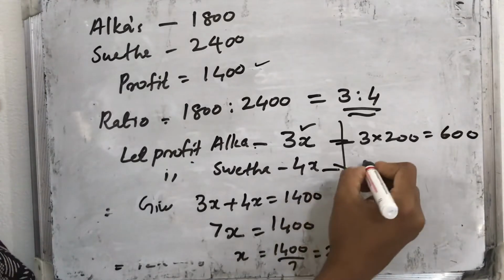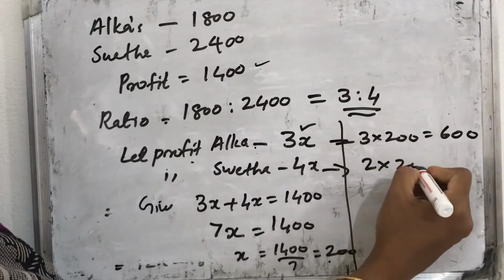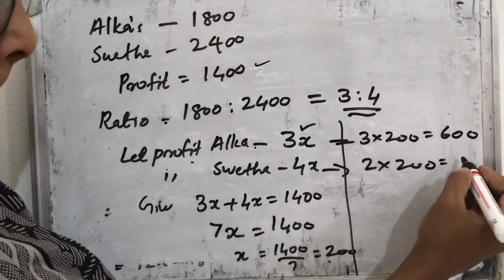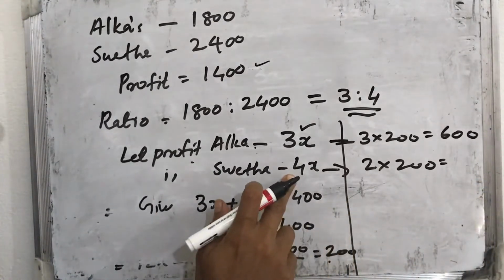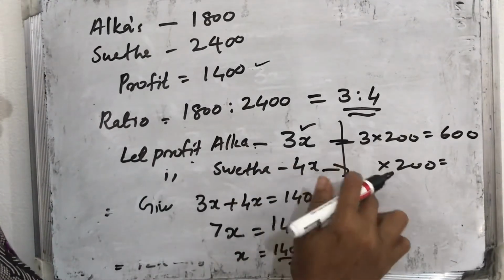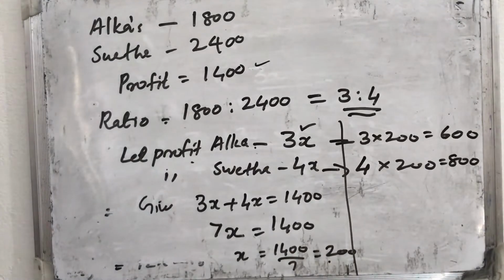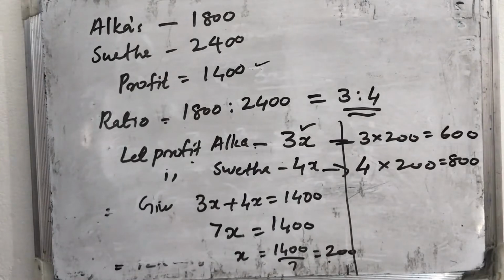And Shweta's profit is 4 into 200, it is 800 rupees. So Alga's profit is 600 rupees and Shweta's profit is 800 rupees.